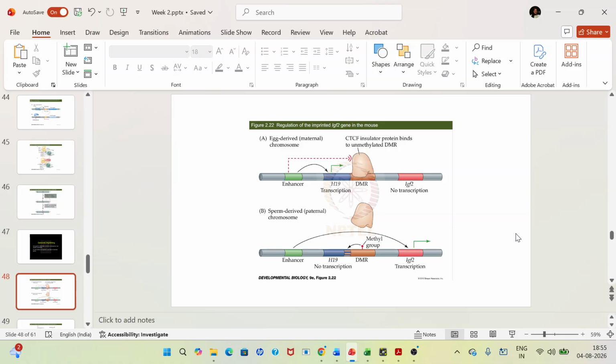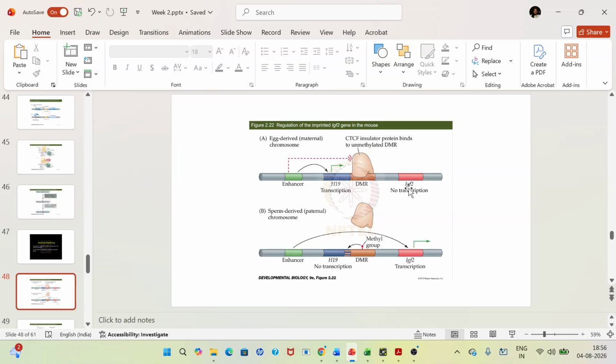So this is genomic imprinting that helps in that kind of management. CTCF insulator protein binds to the unmethylated DMR. DMR is a part of this gene, and this insulator protein helps in preventing the expression of this particular gene in case of dosage compensation.